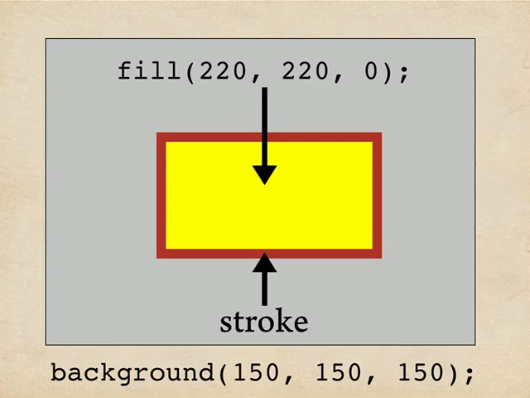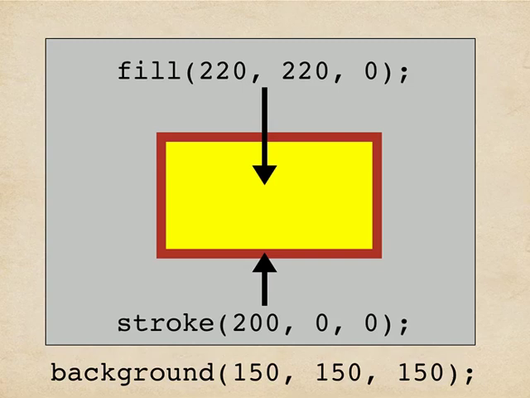I'm going to take away the word stroke and replace it with the word stroke, followed by an open paren, red, comma, green, comma, blue, close paren, semicolon. If I type those three lines into Processing as part of a program, and there have to be a couple of lines before it and after it, but these are the essential drawing commands that control colors, and then we tell it to draw a rectangle, it will draw this rectangle.